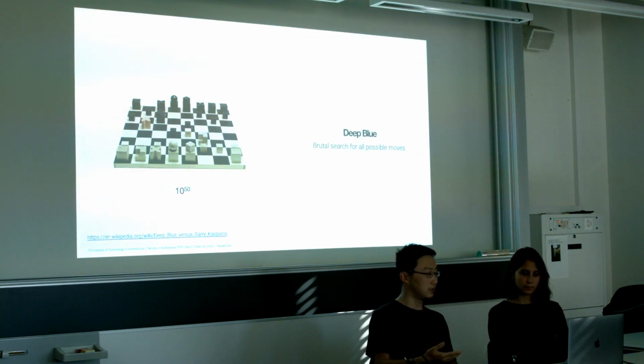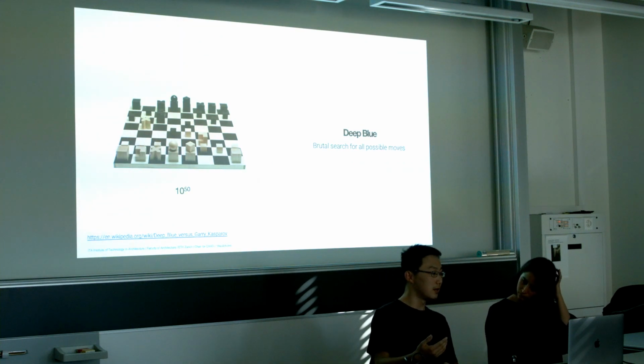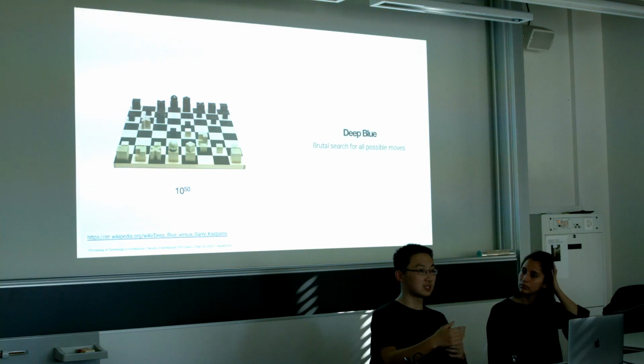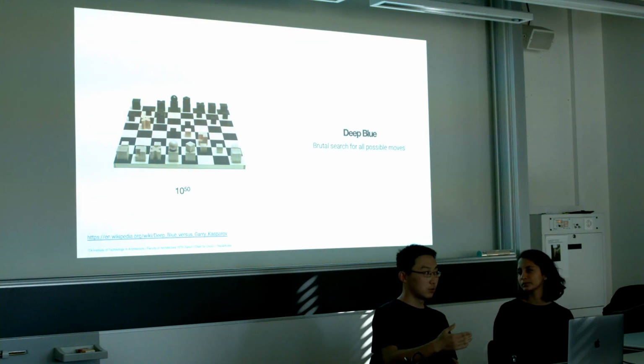At that time, this machine, Deep Blue, was defeated. But then in 1997, the scientists made some modifications, and the match was held again. In the second match, the computer actually won.